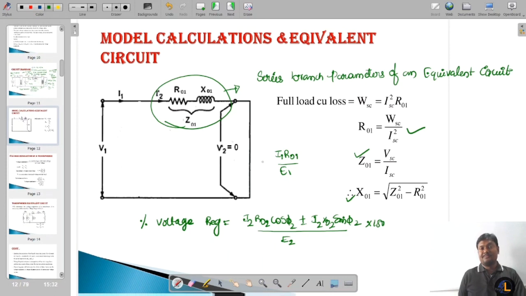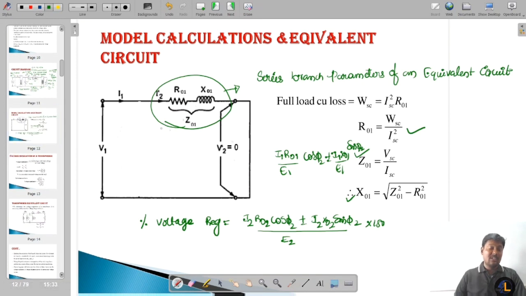As we discussed when voltage regulation came, the per unit resistance on primary side and secondary side will be the same. Plus is for lagging power factor and minus is for leading power factor. So we can calculate the efficiency and regulation.